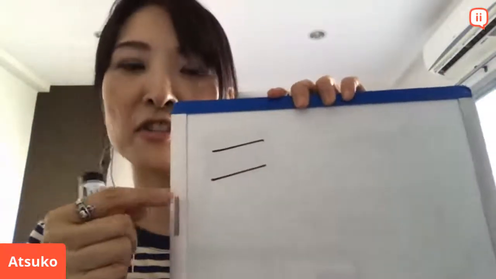Next line is the M line. Ma, mi, mu, me, mo. First stroke and second stroke are parallel.